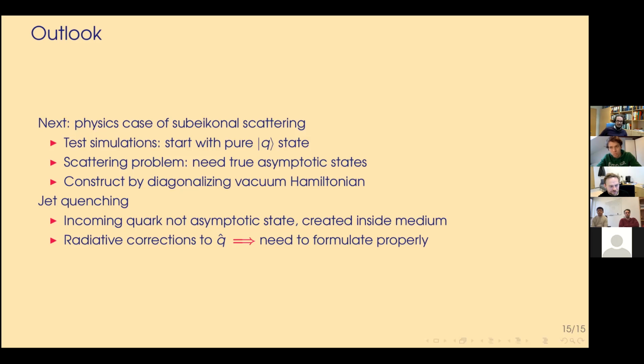The 3, 6-bar, and 15 are the possible color states of a quark-gluon system. In vacuum, a quark can only become a triplet quark-gluon system. But then you're exchanging color with the medium, so you can go into a 6-bar and a 15.